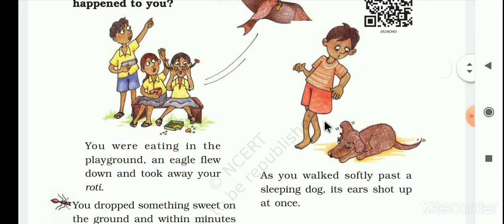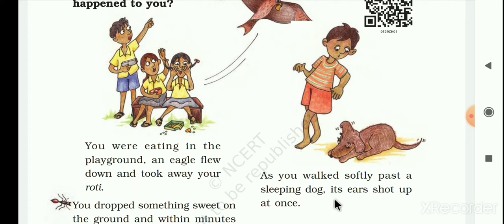Now look at this picture. As you walk softly past a sleeping dog, the dog is sleeping over here and you walk very softly, its ears shot up at once, right? What happened? In deep sleep, the dog's ears shot up at once.